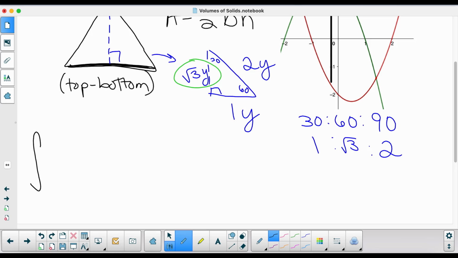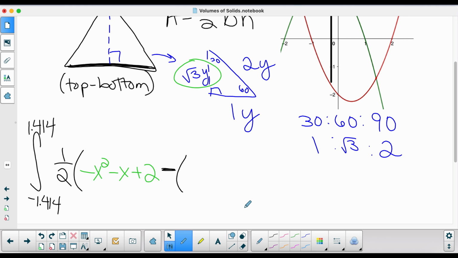So we have our integral from negative 1.414 to 1.414, same bounds as before. Area of a triangle, 1/2. My base is my top minus my bottom. So again, negative x squared minus x plus 2 minus my top function, which is x squared minus x minus 2.